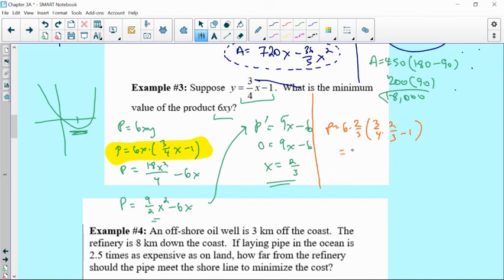And so then that's equal to 4 on the outside. The 3's cancel. So we get basically 1/2 minus 1, which is negative 1/2. So 4 times negative 1/2, which is equal to negative 2. So that right there is the y coordinate, and that would have represented the smallest product, negative 2.